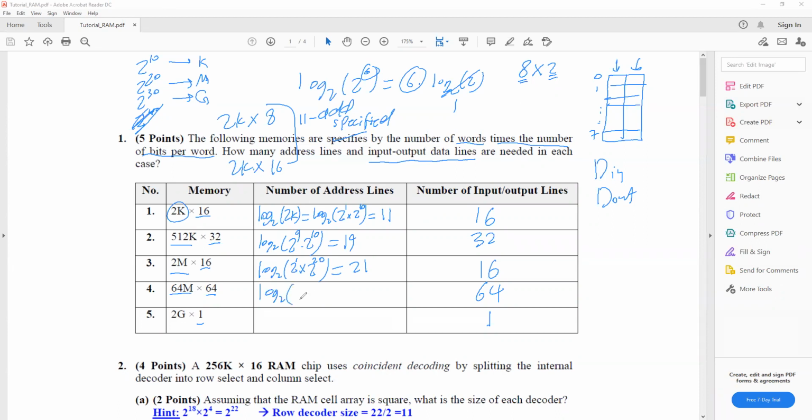That's log 2 of 2 to the 6 multiplied by mega is 2 to the 20, so that's 2 to the 26, which is equal to 26. Adding the exponents, you get the answer. 2 gigabytes, that's log 2, 2 to the 1 multiplied by 2 to the 30 in this case. So that's 31 bits of address.